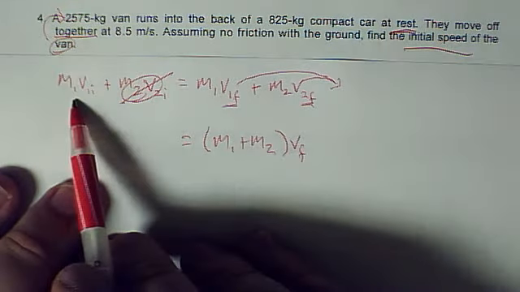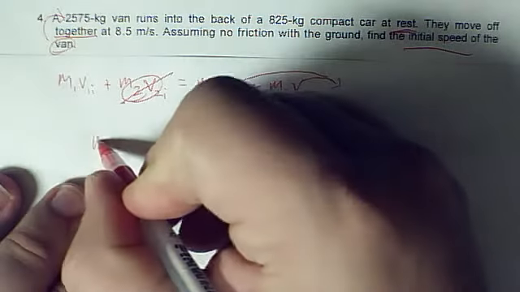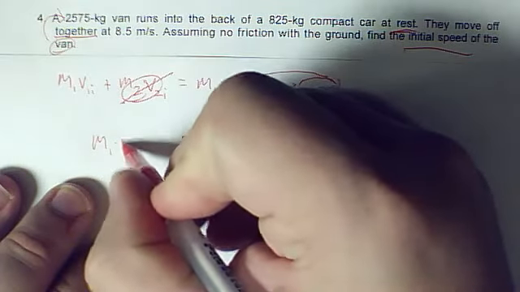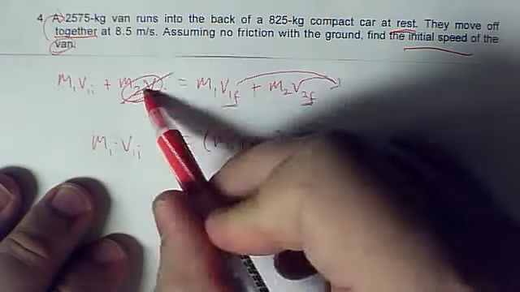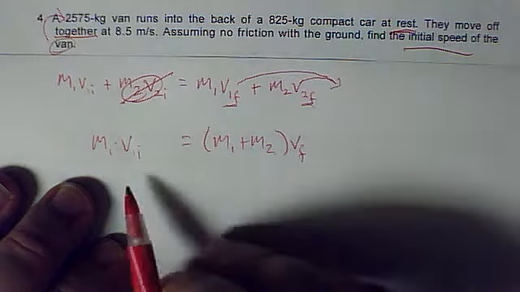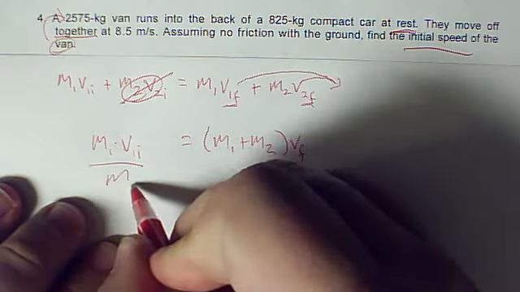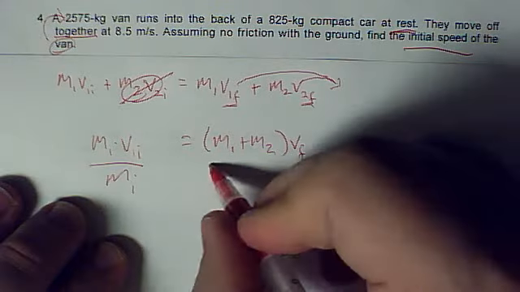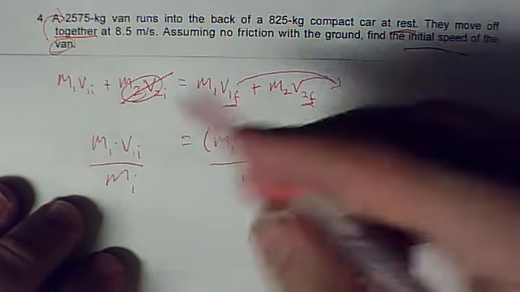And before the collision, my total momentum is the mass of the van times the velocity of the van beforehand. Since this guy is 0, the total momentum before is just the momentum of the van. So if I'm solving for the initial speed of the van, I'm going to divide both sides by m1, like so.